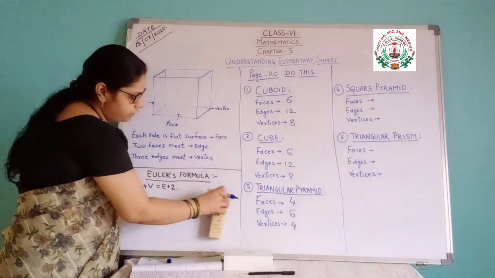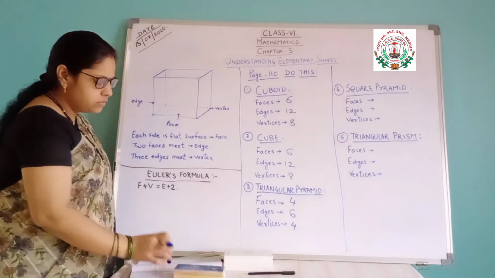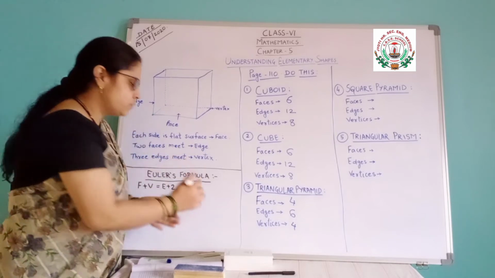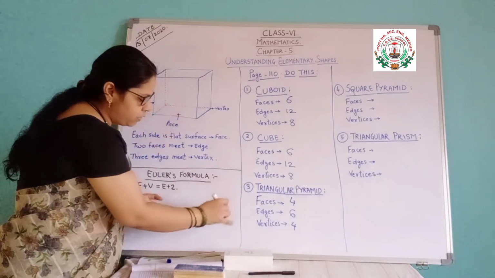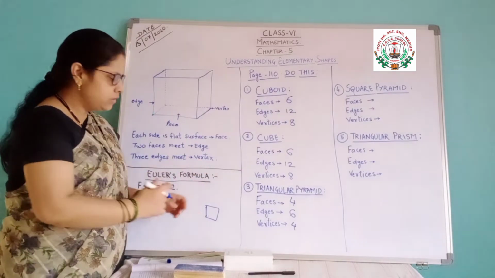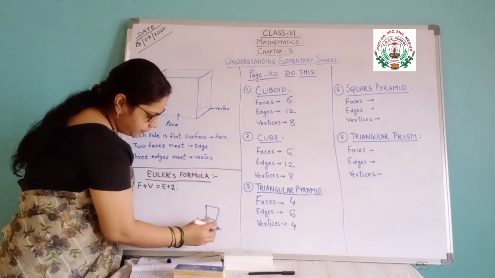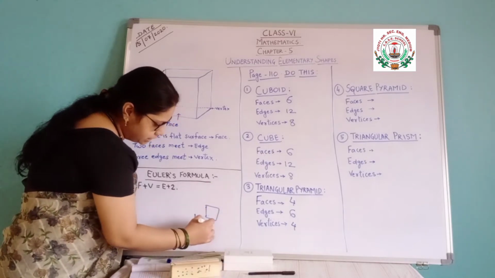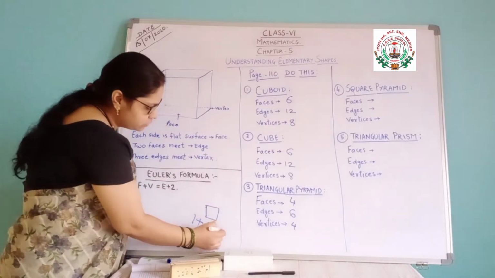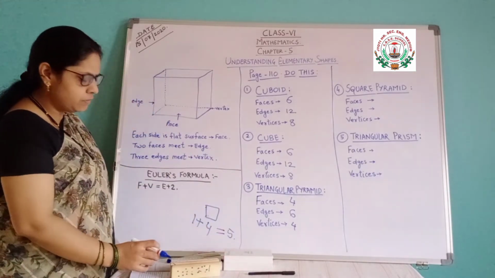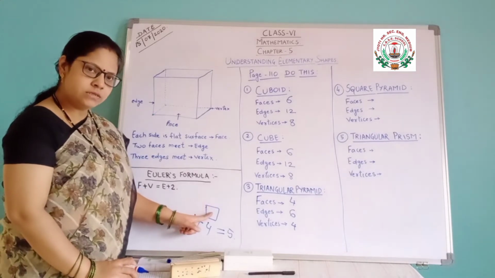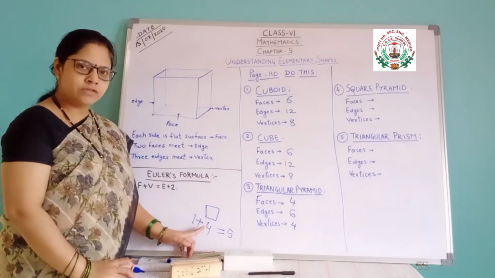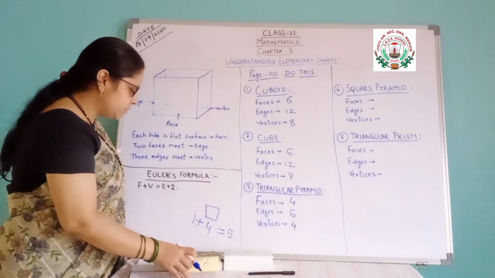Like this, from all the 4 sides, the pyramid will go. So 1 for the base, which is square, and from all the 4 sides 4 faces going. So total how many faces? 5 faces will be there: 1 for the square base, and from all the 4 sides one surface will be going. So total 5 faces will be there.